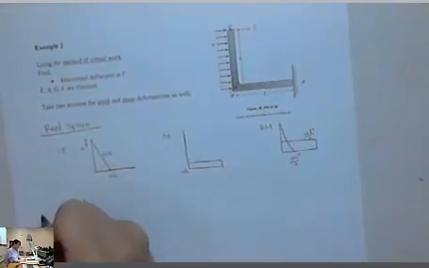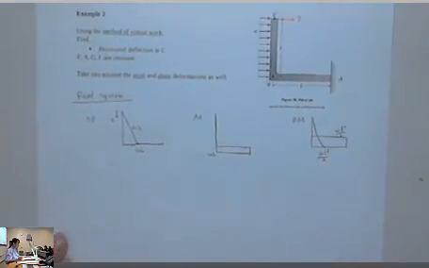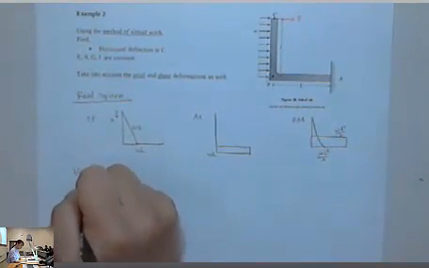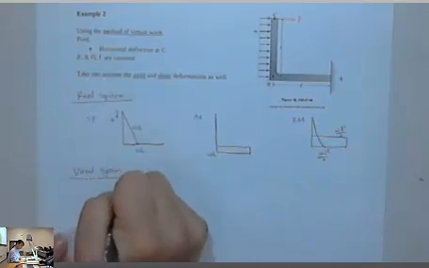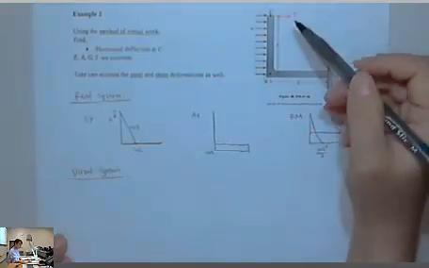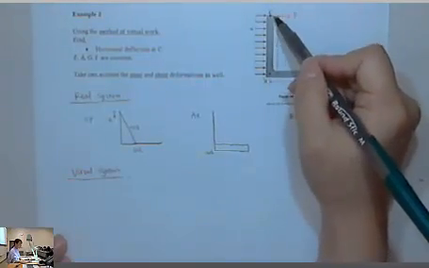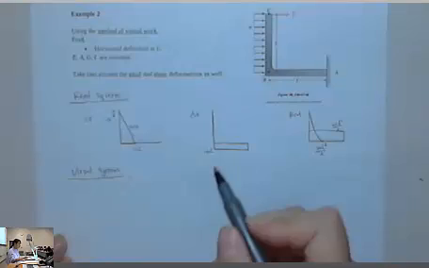And next, let's look at the virtual system. And the virtual system will just have one point load at point C in the horizontal direction.